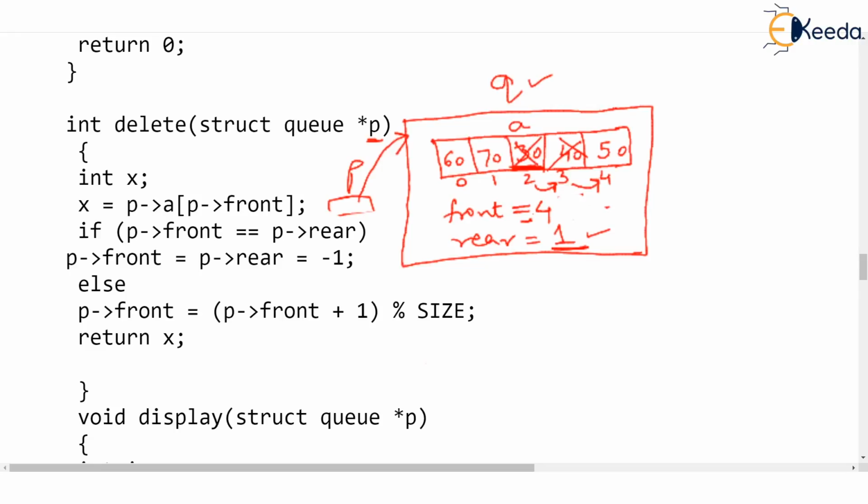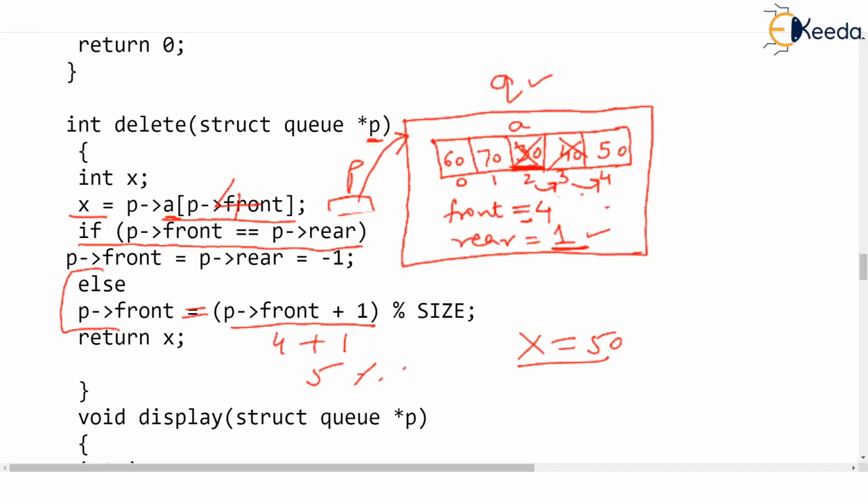Let's see. When we call delete, X will be equal to A of p arrow front. A of p arrow front means A[4], because front is 4. So A[4], which is 50, is stored by X, and finally we will return it. We ask, is front equal to rear, which is false. Front is 4 and rear is 1, so we land in else. And we execute front equal to p arrow front plus 1, which is 4 plus 1, which is 5. 5 % size is also 5.